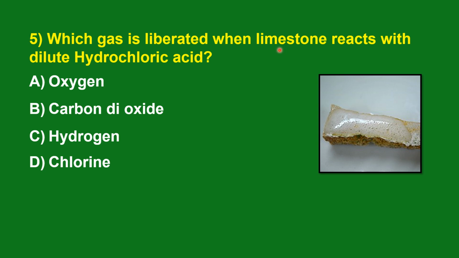Those are all made up of calcium carbonate. So usually when carbonates react with dilute acids, definitely we will get carbon dioxide. Here you can find the bubbles of carbon dioxide liberated when hydrochloric acid reacts with this limestone. So answer B is the right answer.